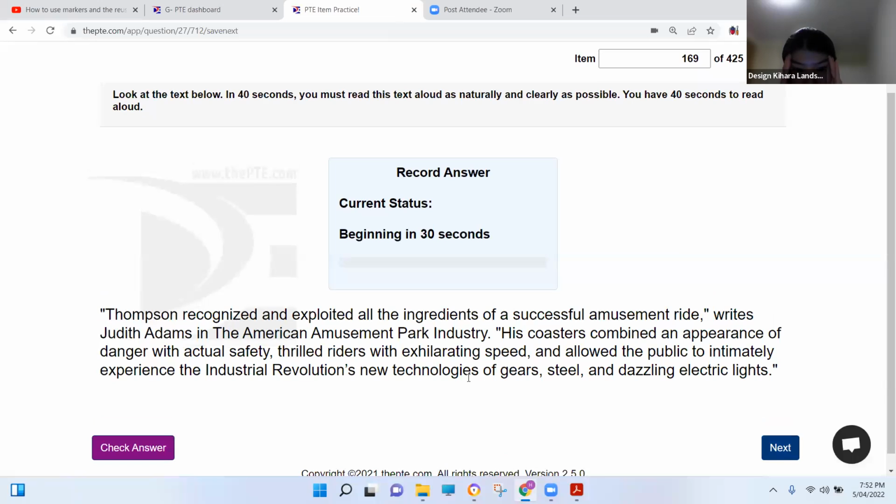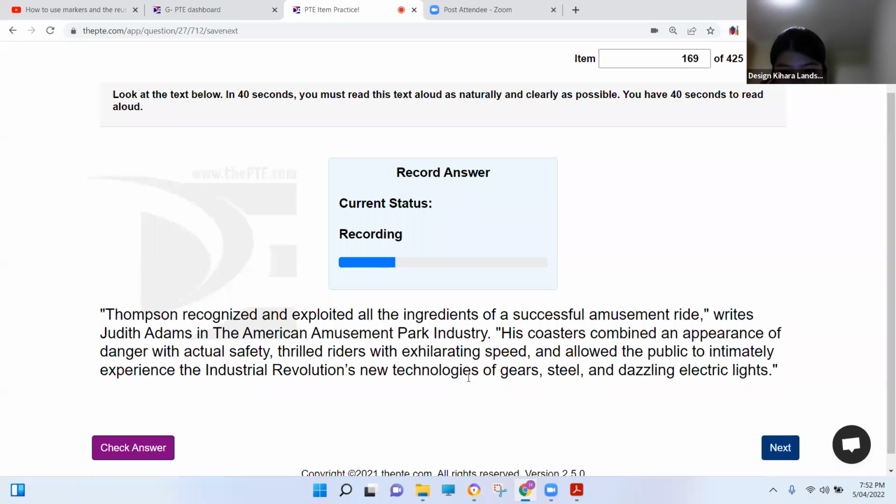Thomson recognized and exploited all the ingredients of a successful amusement ride, writes Judith Adams in the American amusement park industry.